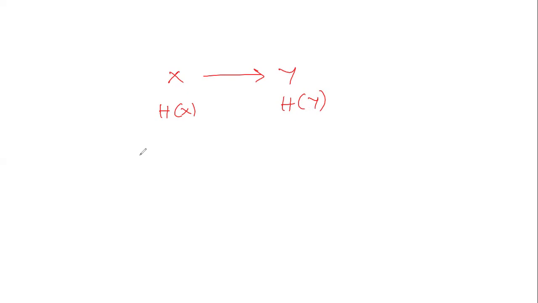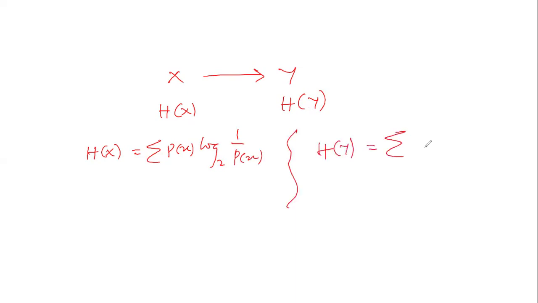In other words, the source entropy or the input entropy will be designated as H of X, which is the same thing as the sum of P of X log to base 2 of 1 over P of X. While the output entropy will be designated as the sum of P of Y log 1 over P of Y, base 2.